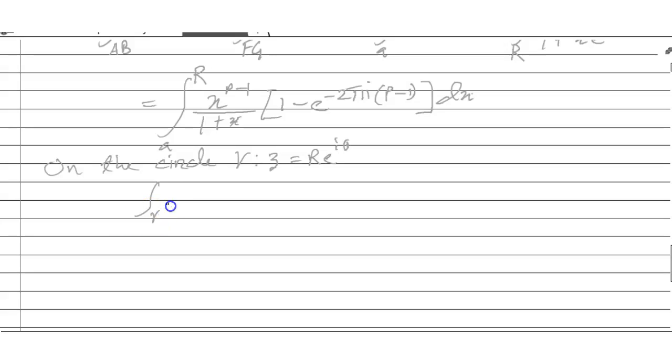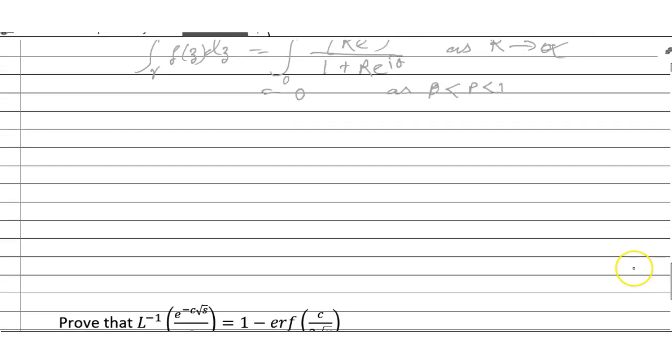So the integral over gamma of f(z) dz equals the integral from 0 to 2 pi of (r e to the power i theta) to the power p minus 1 divided by 1 plus r e to the power i theta, as r tends to infinity, so it is 0 as 0 is less than p less than 1. After that this value is 0.